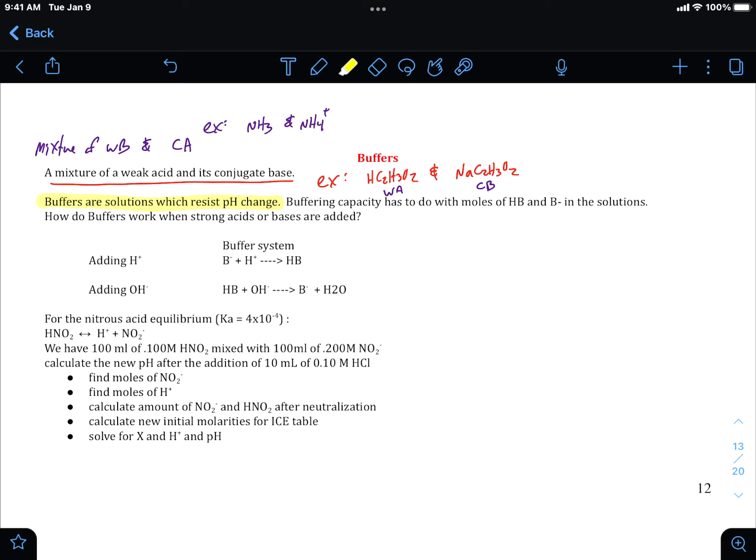So, example: if I have a buffer system, notice that I have in this case both B- and HB. So I've got a weak acid and I have its conjugate base.